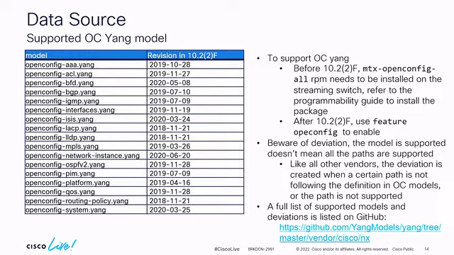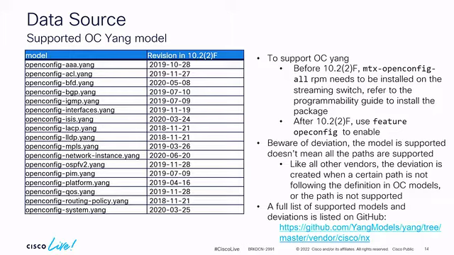A lot of people choose OpenConfig because they think it is vendor agnostic, especially for multi-vendor scenarios. They think, okay, I can use the same set of sensor paths to stream anything from any vendor. But the reality is a little bit different.